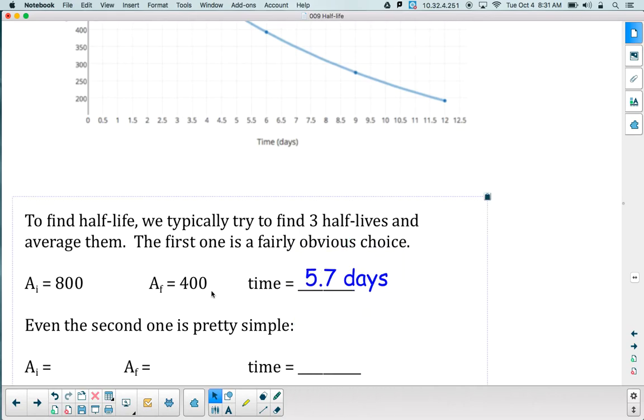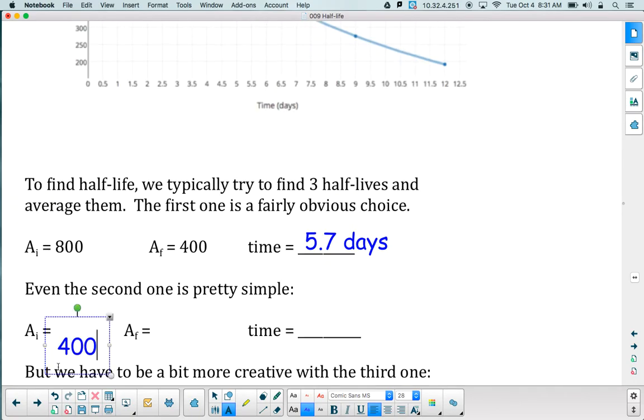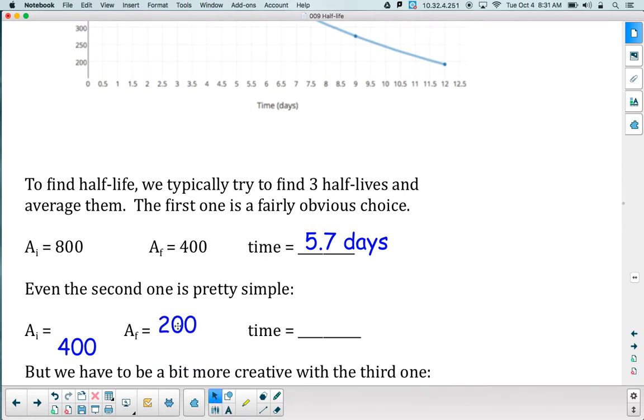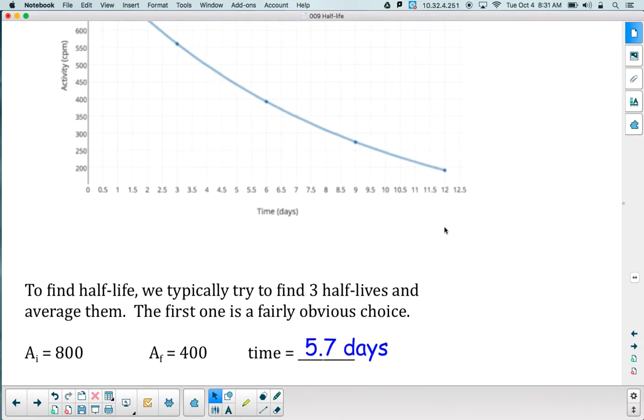Even our second half-life is really a pretty simple one here. The next obvious thing to do is to go from 400 counts per minute down to 200 counts per minute. So that's kind of our second half-life. How long does it take to get from 400 down to 200? The thing is, now we don't need how long it took to get all the way out to 200.